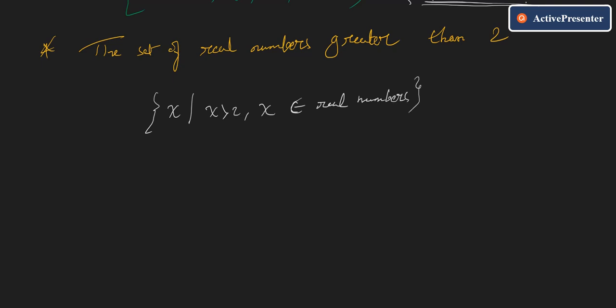Again, the set of x such that x is greater than 2 and x is an element of real numbers. This is how you read the notation.